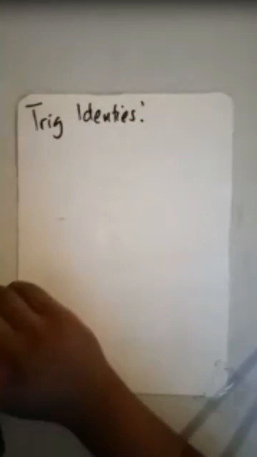So the last time, guys, we talked about trig identities, and I spent a lot of my time trying to explain how we prove certain identities. Today, I want us to work with identities. We are still looking at trig identities.